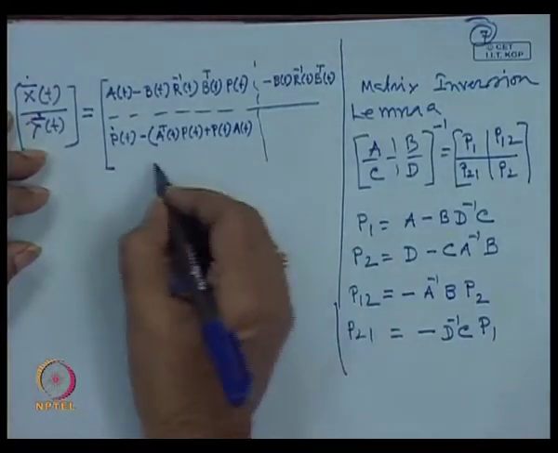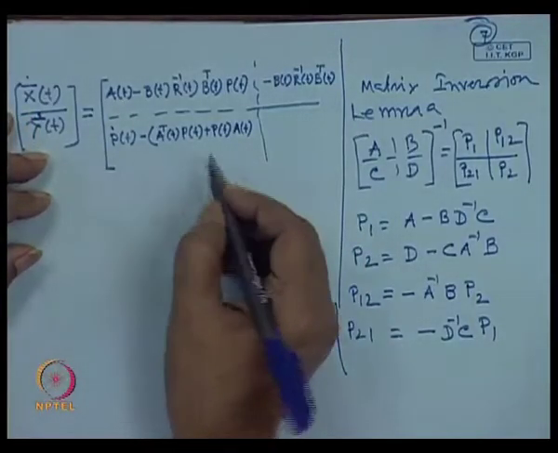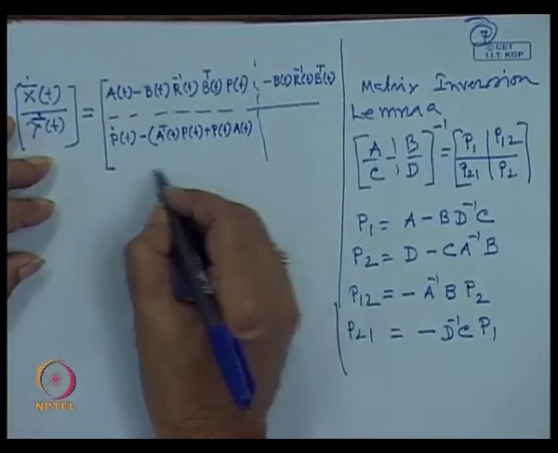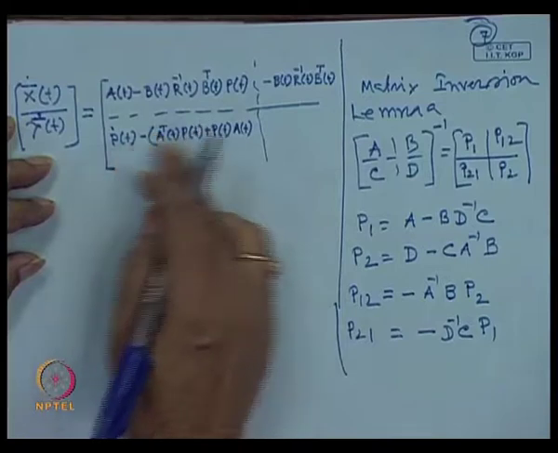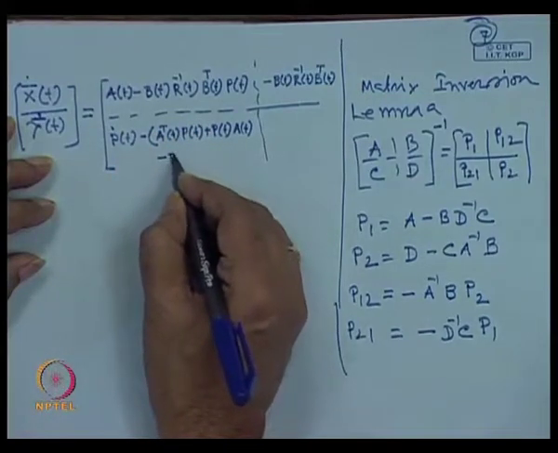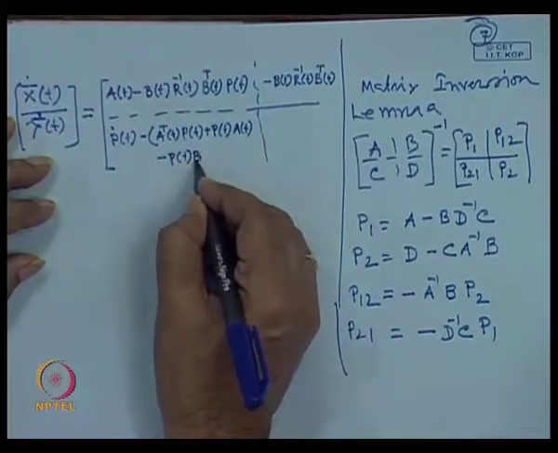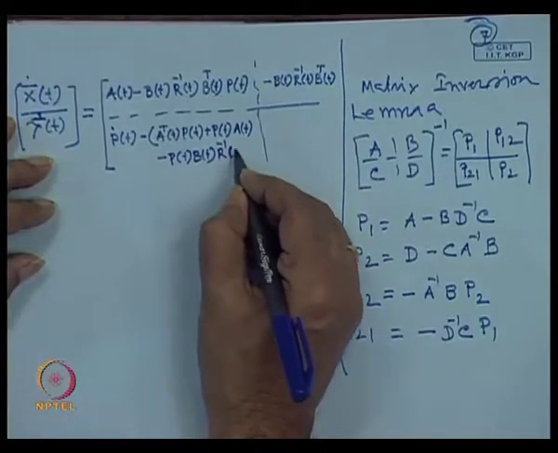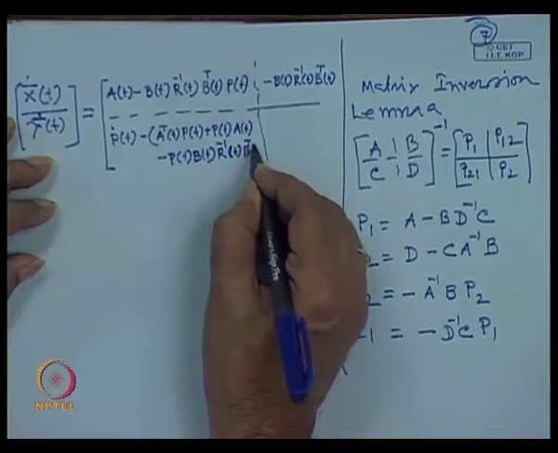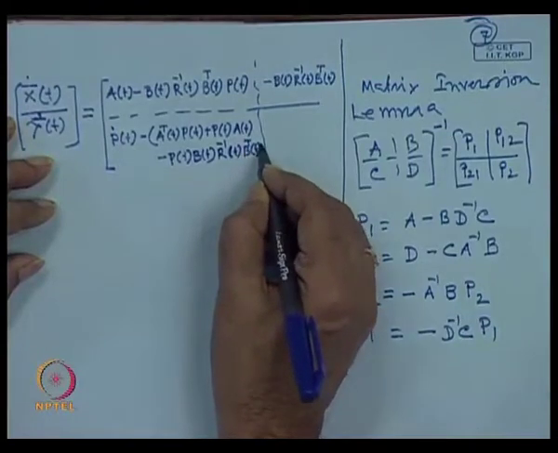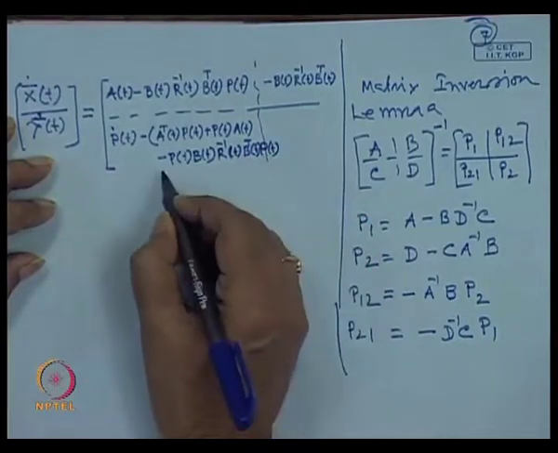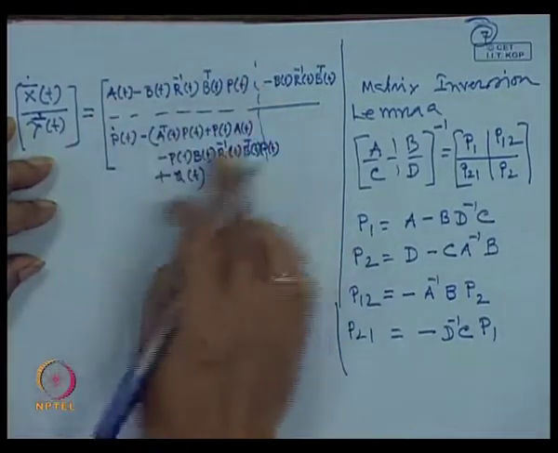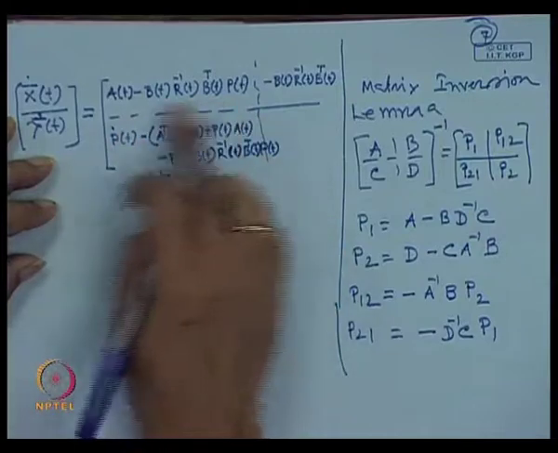So, this plus P of t B of t R inverse of t B transpose of t P of t plus Q of t is the 2-1 block.